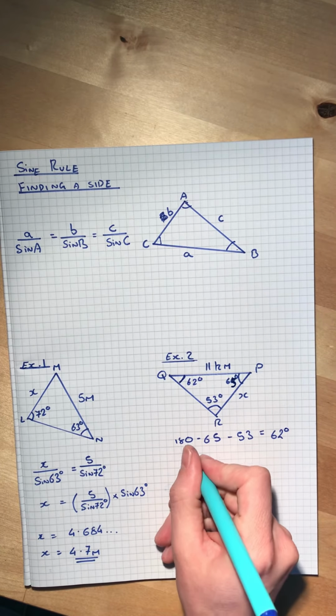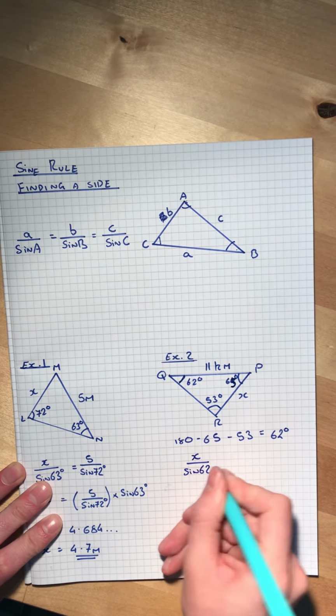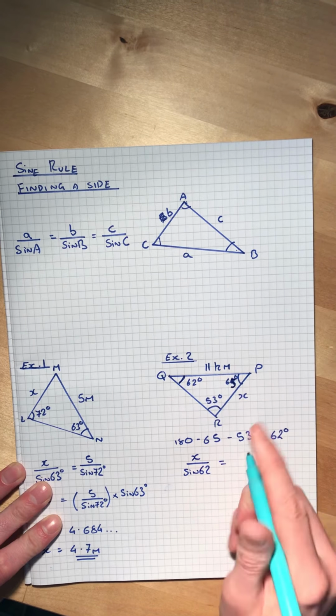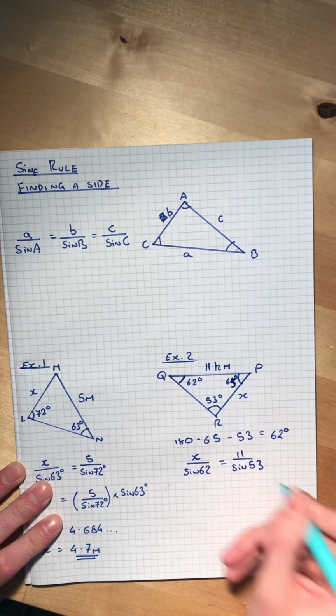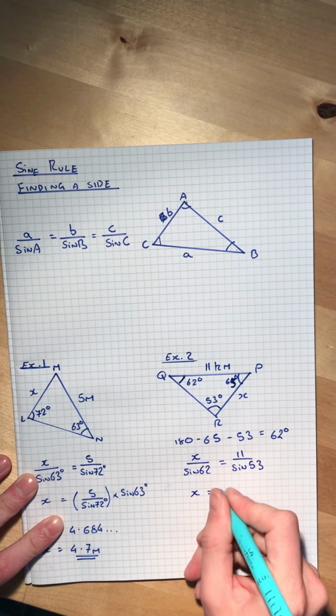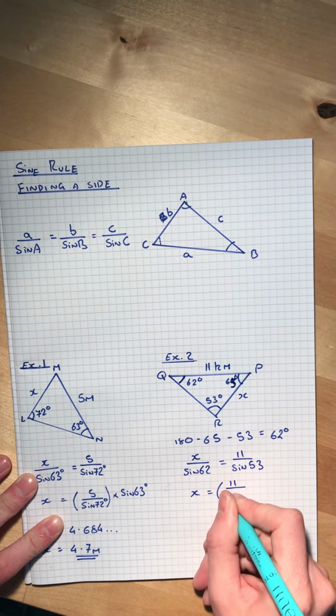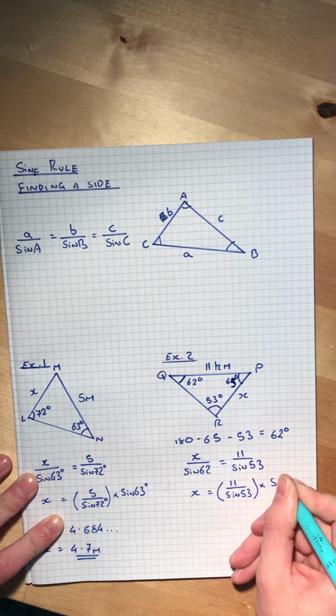So x over sine 62 will equal 11 over sine 53. Just like we did before, we can rearrange it for x. It's going to equal 11 over sine 53 times sine 62.